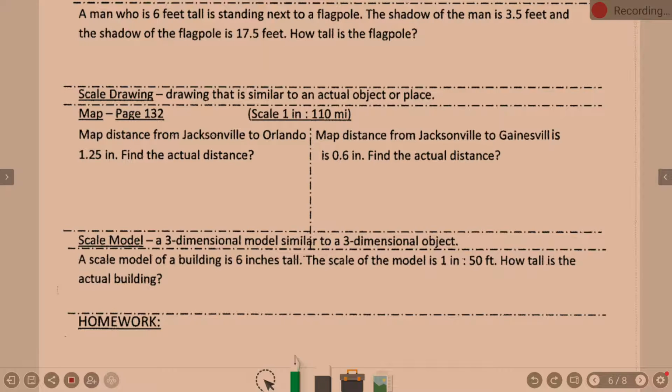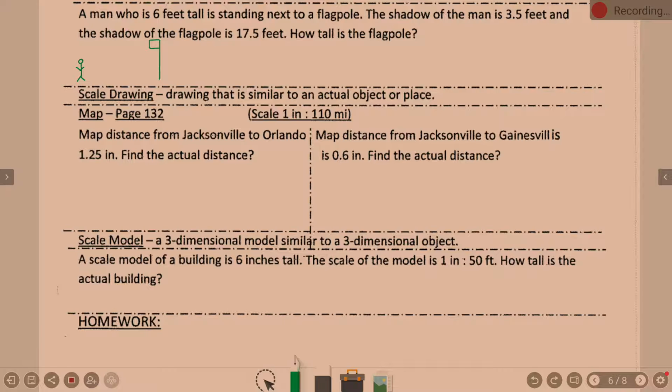Let's actually, okay, a man. Here we go, guys. There's my man. How do you draw a shadow? A man is standing next to a flagpole. There's my flagpole. Yes, they're very detailed.